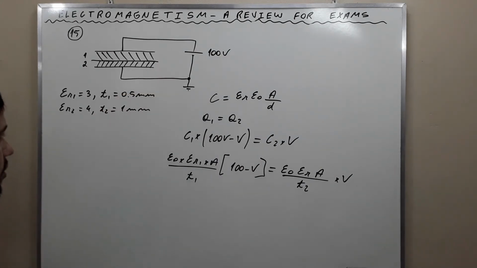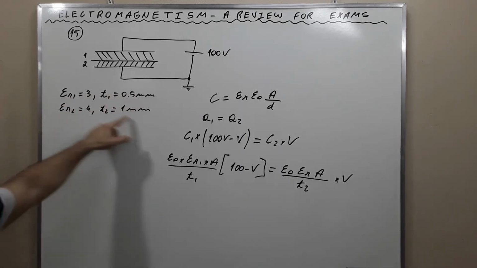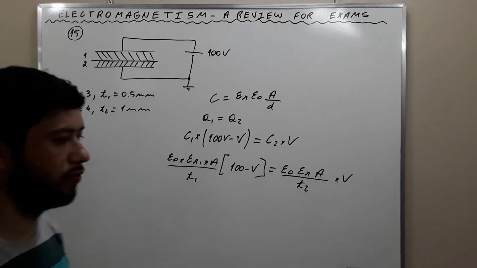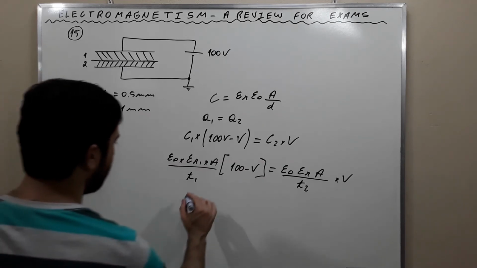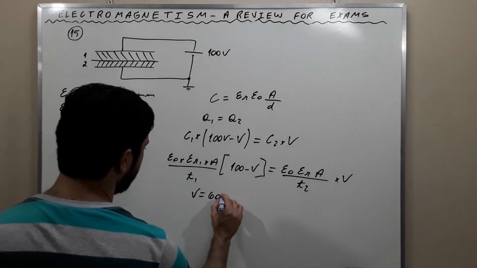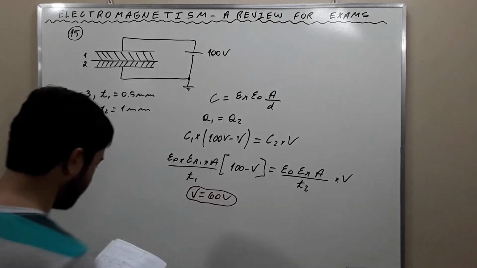And substituting these values here and here, we find that V is equal to 60 volts.